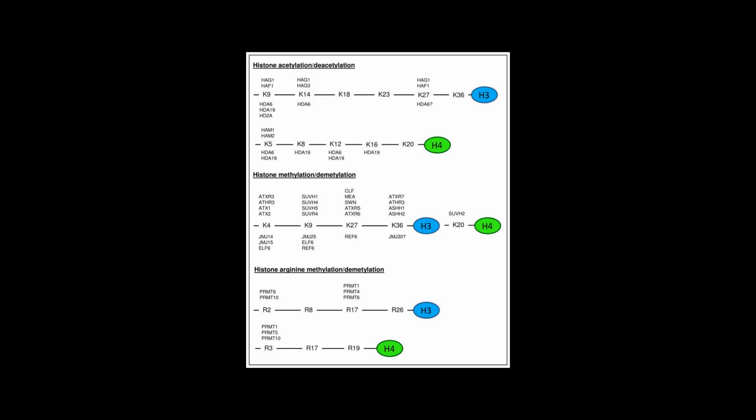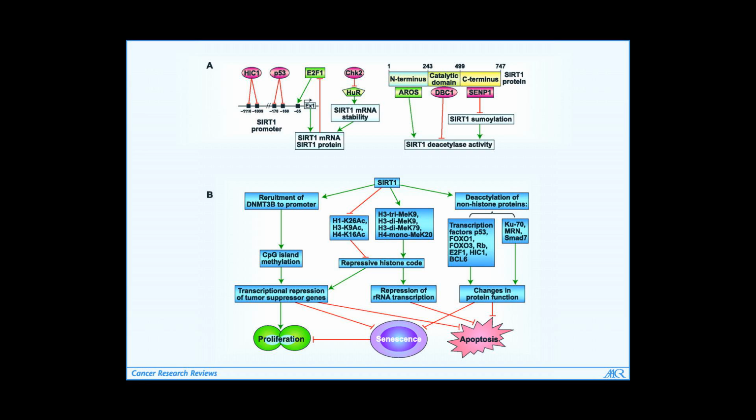P300/CBP family: adenoviral E1A associated protein of 300 kDa, P300, and the CREB binding protein, CBP, make up the next family of HATs. This family of HATs contain HAT domains that are approximately 500 residues long and contain bromodomains as well as 3 cysteine-histidine-rich domains that help with protein interactions.